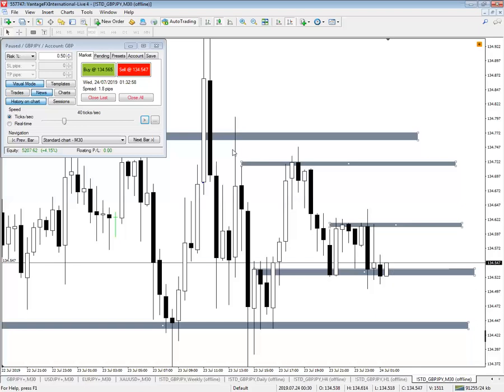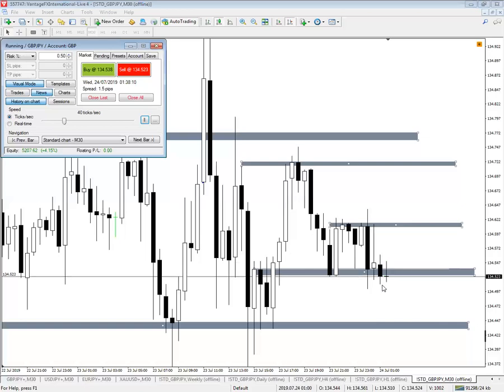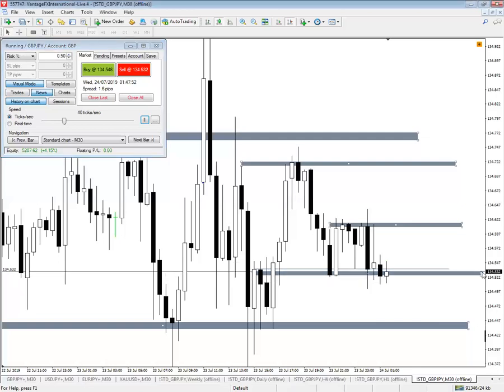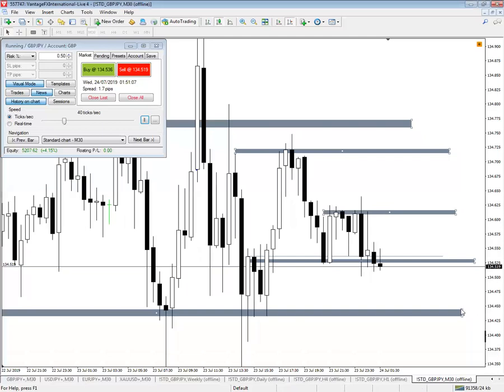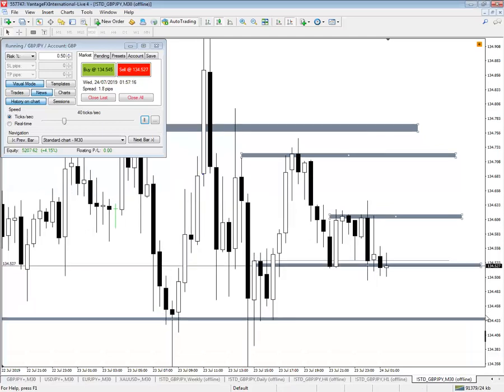Still no trade for me. But essentially, it did break the low, so the sell could work. I think if it respects this area, then it's coming down. It's definitely coming down to the support if it can respect this area as resistance.